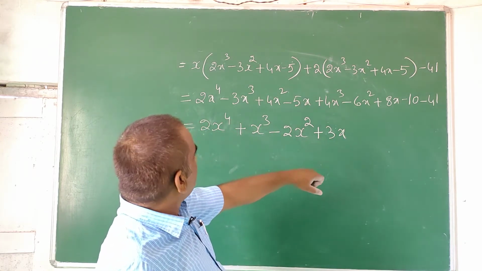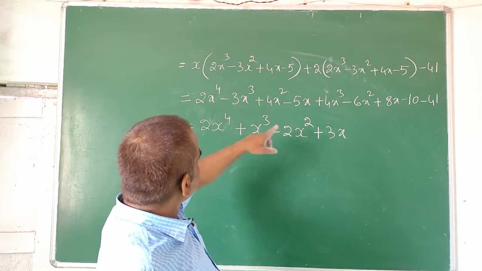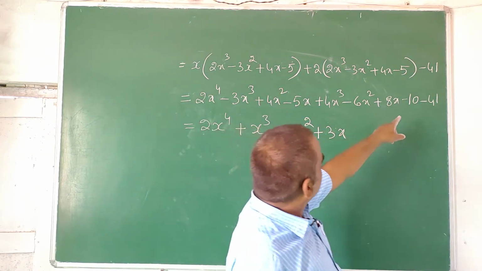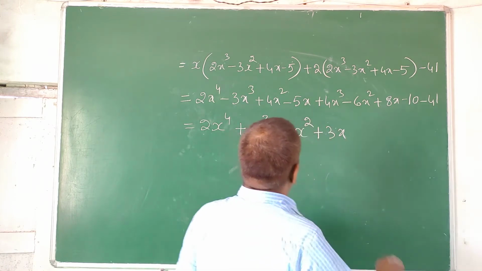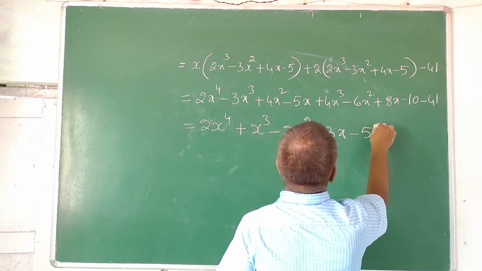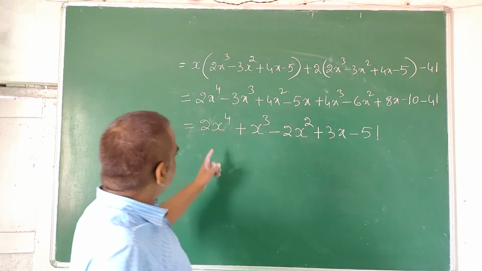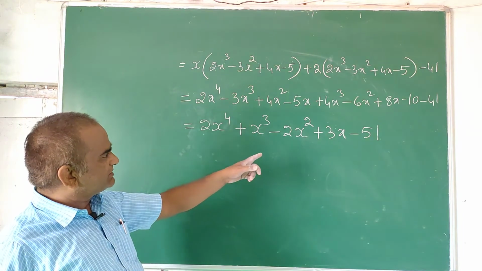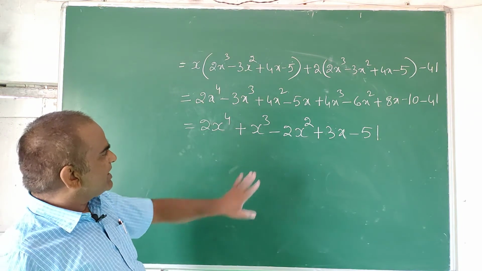So if you group the constants, minus 10, minus 41. Any more constants? No. So minus 51. So 2x power 4 plus x cube minus 2x square plus 3x minus 51.